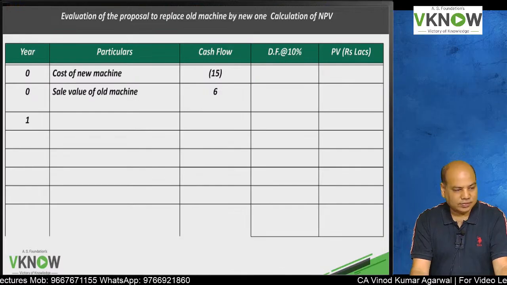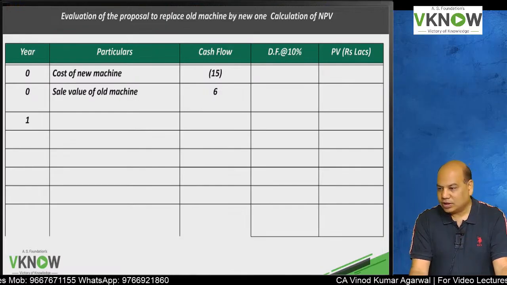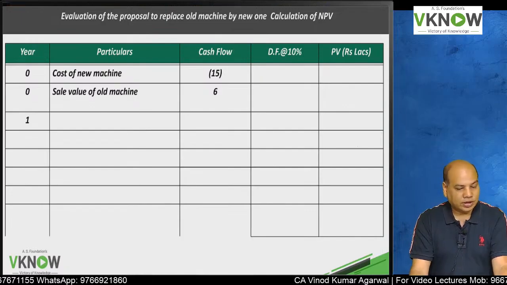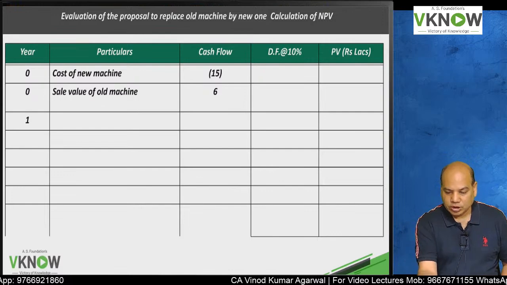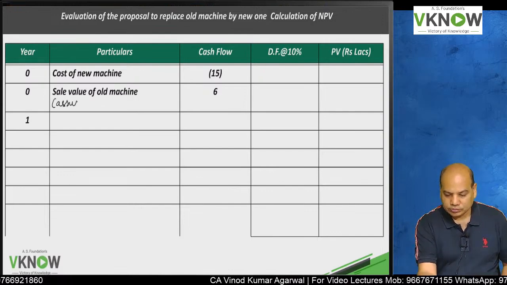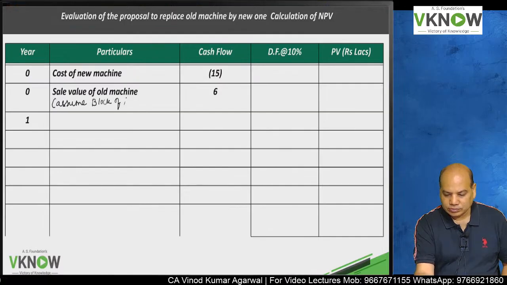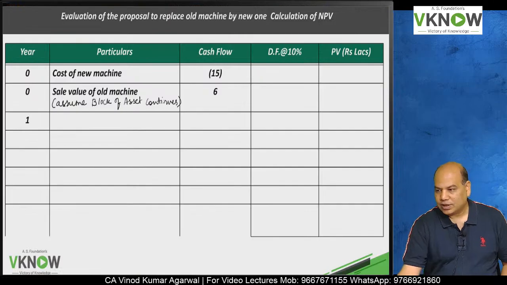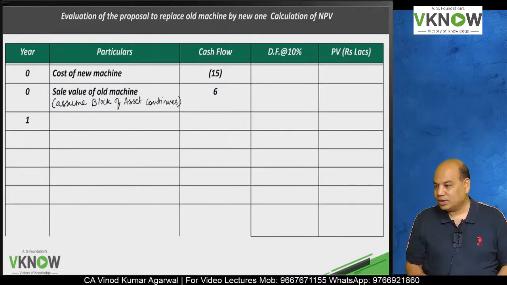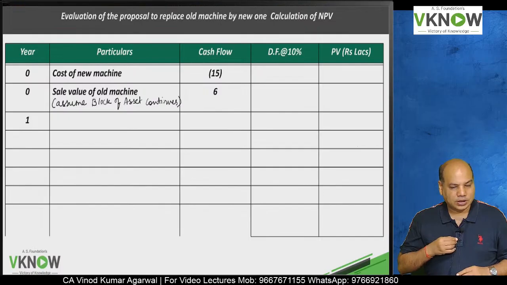What about taxation? Should we consider tax also, or should we ignore taxation? So you write down, assume block of asset continues. What is your income tax law if the block of asset continues?